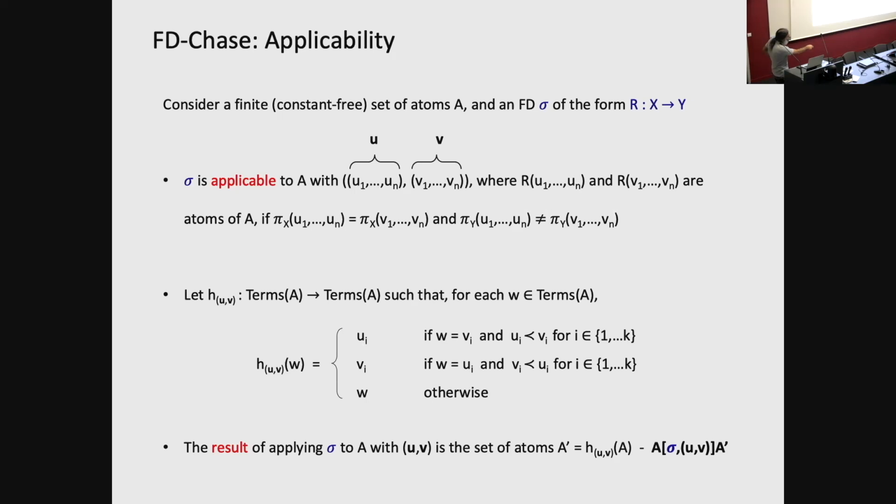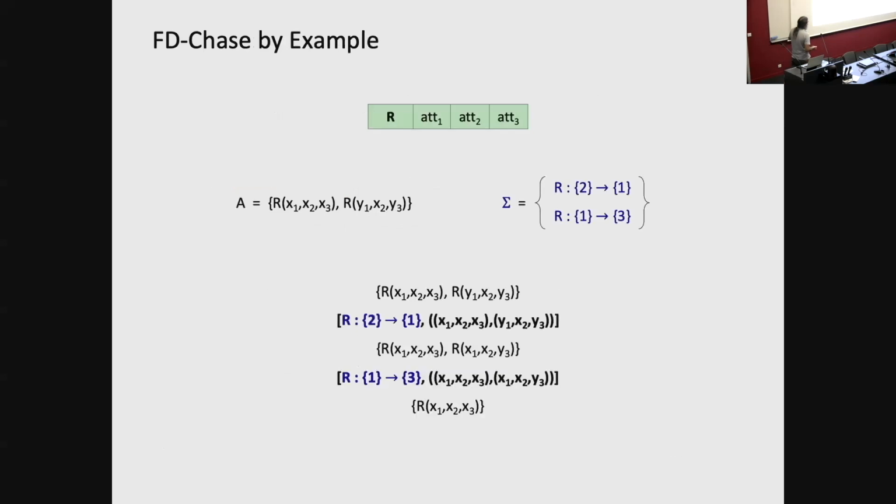So this notation here tells us that A prime is obtained from the set A by applying sigma to A with this witness, U and V, right? So this denotes a single chase step. If we come back to our example, you can now see precisely the chase steps that we applied.